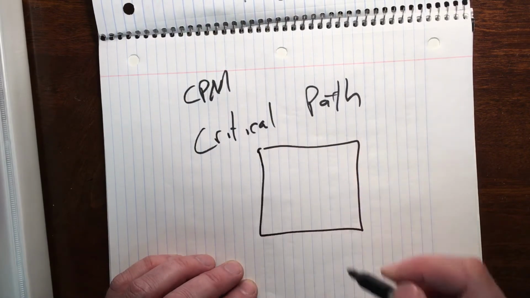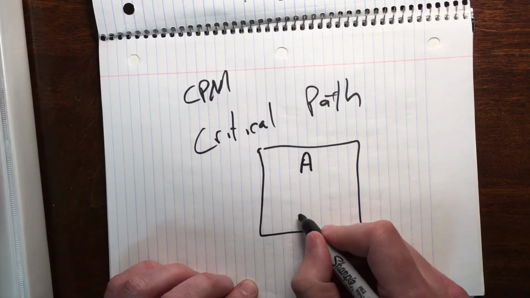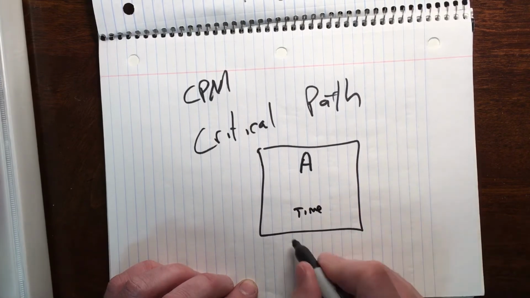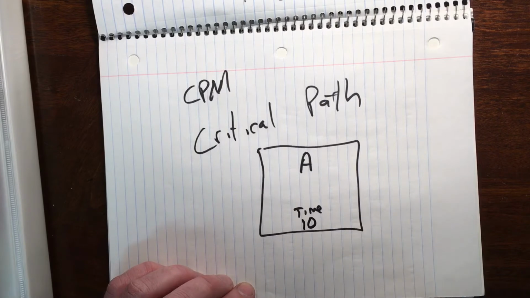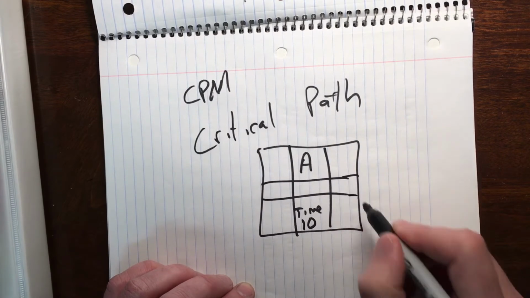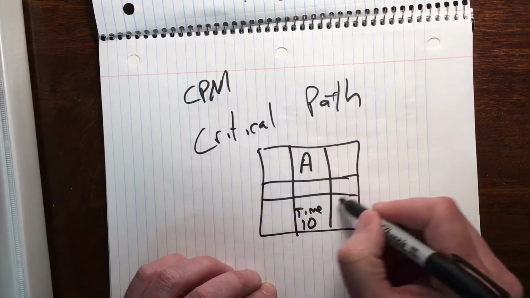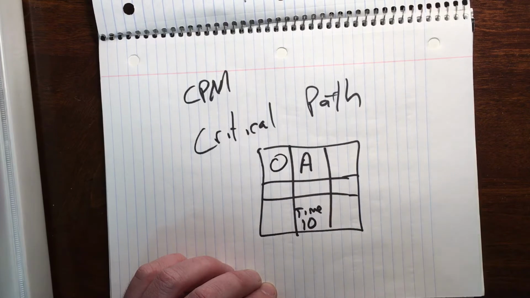Each of the activities that we have, we'll say this is activity A, is going to have a certain amount of time that it takes to get done. We'll say 10 days for this one. To calculate our forward pass and backward pass, we're always starting off, the first activity starts at day 0. Then you add the amount of time it takes to do that activity. That's your ending time.